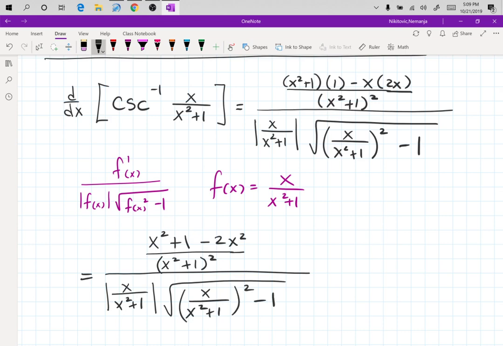All right, so now the numerator simplifies into 1 minus. So I just need to, you know what, a faster way for me to do this is to copy the whole thing and then just fix the numerator.